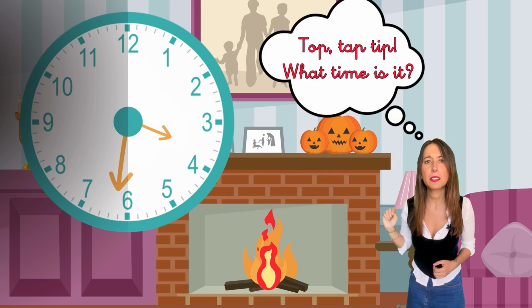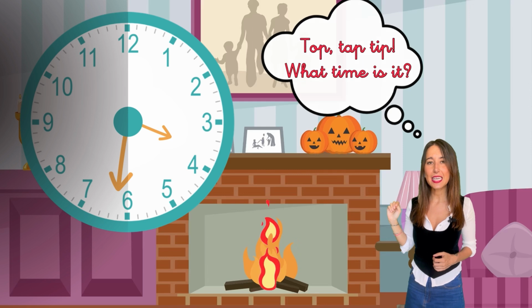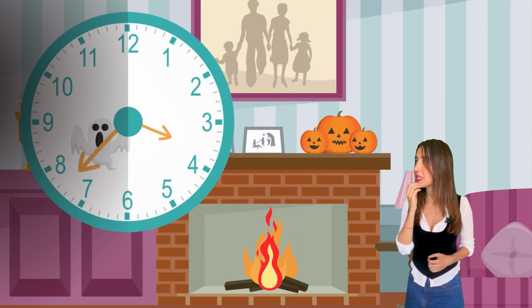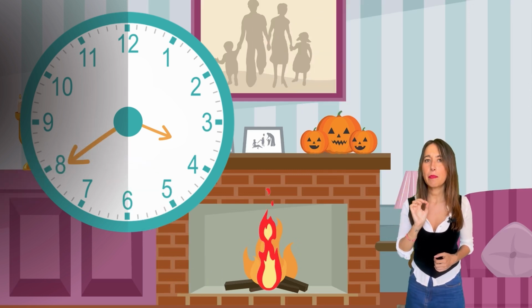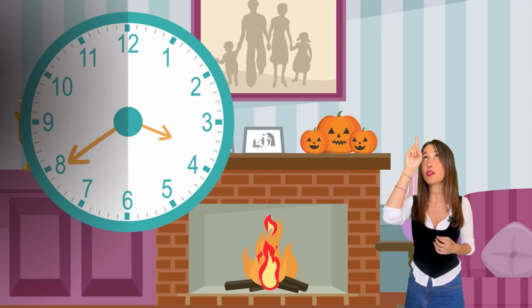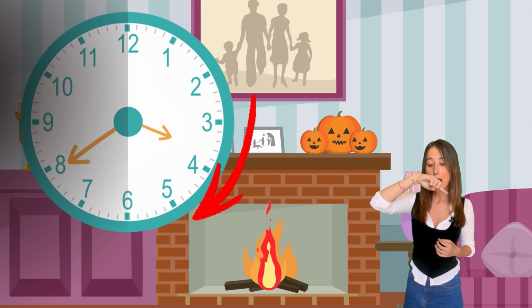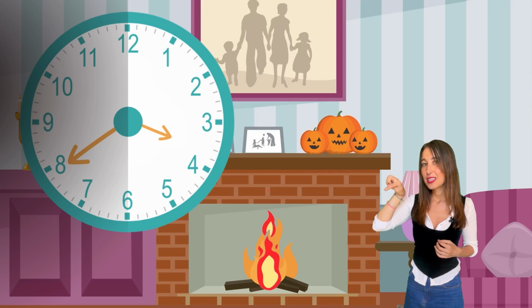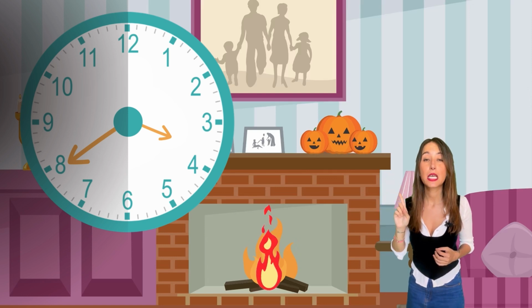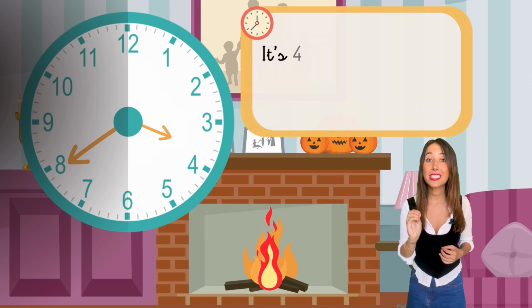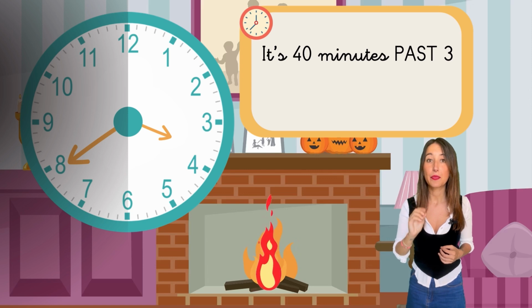So top, tap, tip, what time is it? Spooky moved the arrow some more minutes. So again, we can count in 2 different ways. If we count from the beginning, from number 3, how many stripes do we have? 40. So we can say it's 40 minutes past 3.